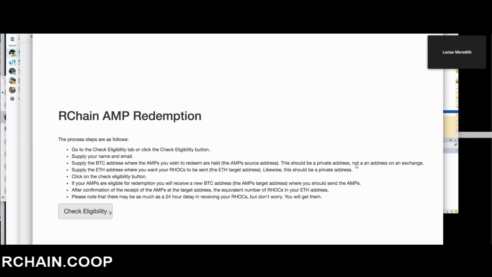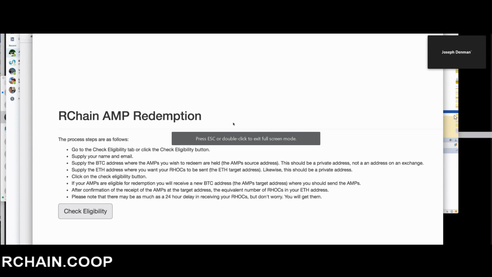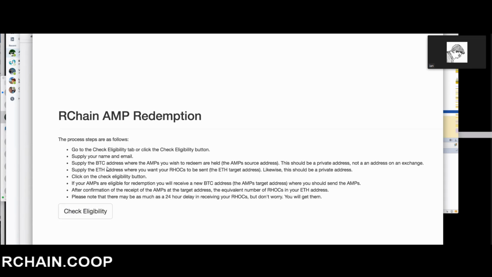So if I click this, oh, of course, Ian has changed the... This is on the RChain.coop website? No, it isn't. Not yet. It's a separate link that will be made available in announcements. Right. Okay. Greg, you need to put HTTPS. Yes, thank you. Okay.